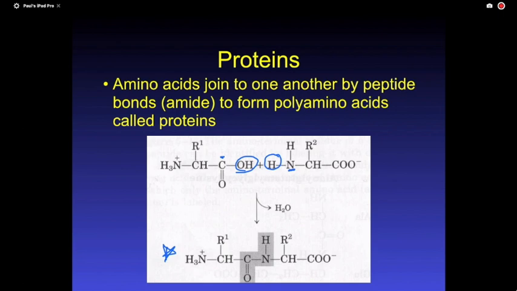What was the beginning or start of DNA? What side? 5'. Here, the beginning is the amino side. And over here, the end is the C terminus, or the carboxy end. So the N terminus is the beginning, the C terminus is the end.